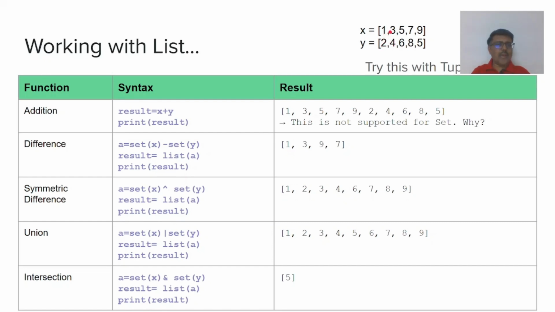Is 4 available there? No. Is 6 available? No. Is 8 available in X? No. Then what is available? 5 is available, yes. So the value 5 which is available in both Y and X is removed, and the result will be 1, 3, 9, 7. You are looking at it, right? That means you are removing only the items from X.